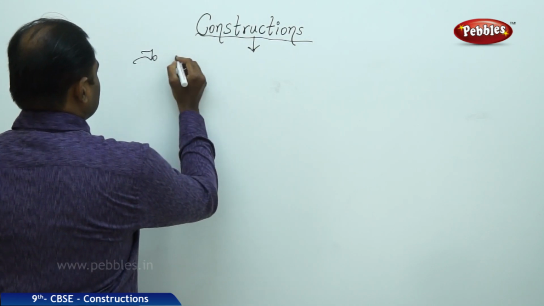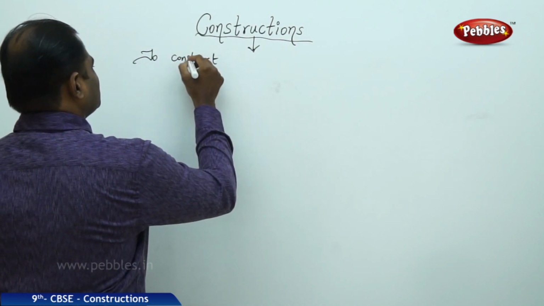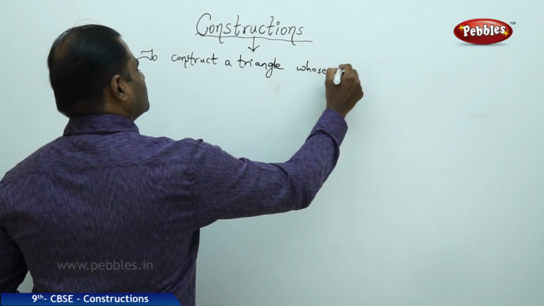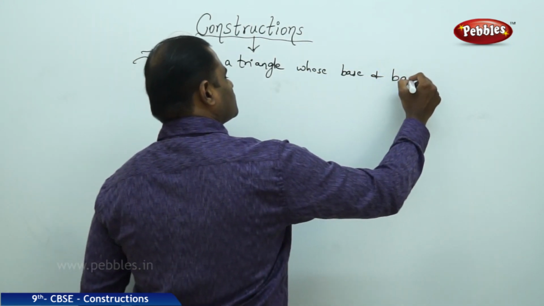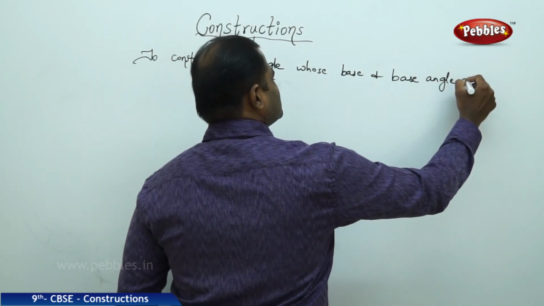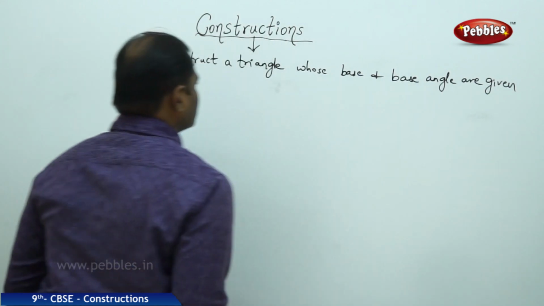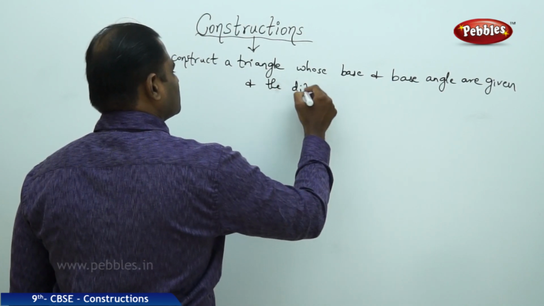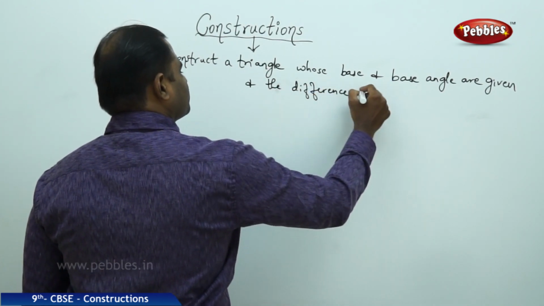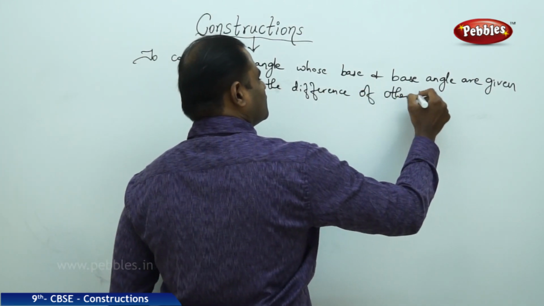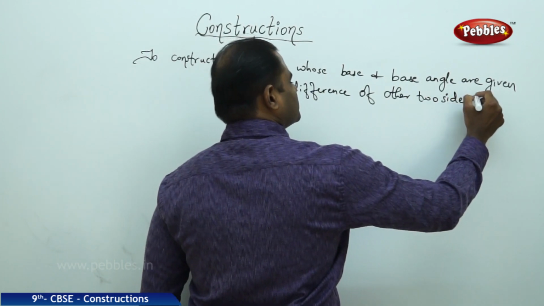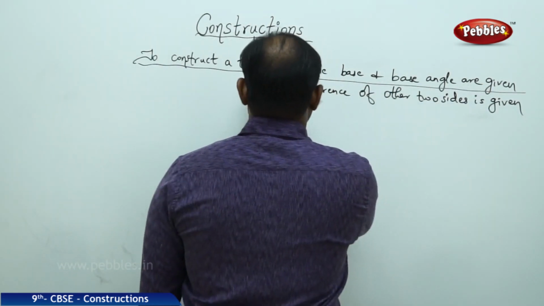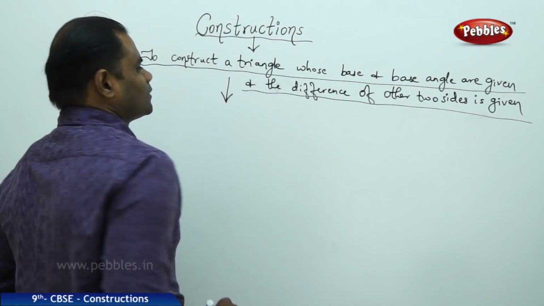So the session is about to construct a triangle whose base and base angle are given and the difference of the other two sides is also given.